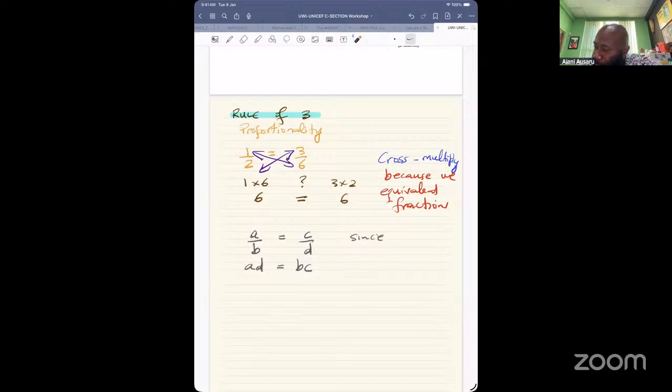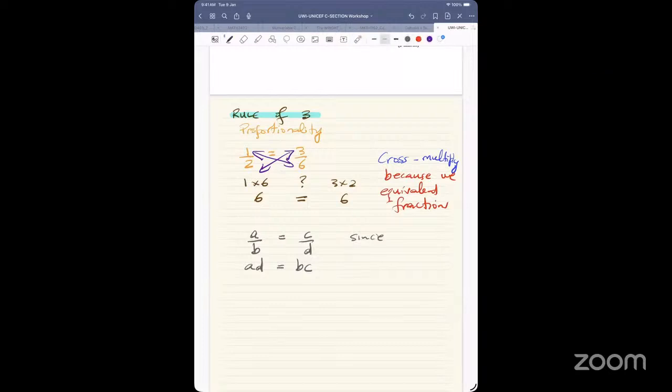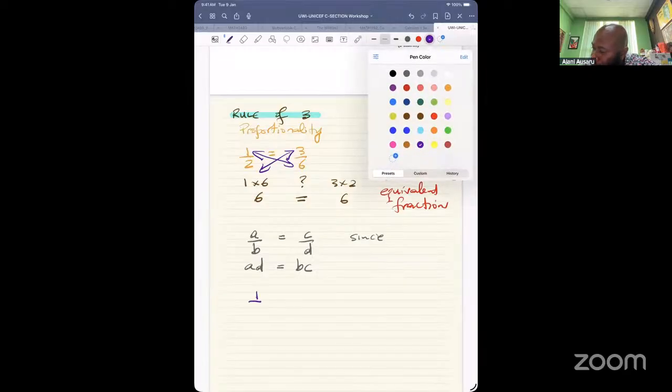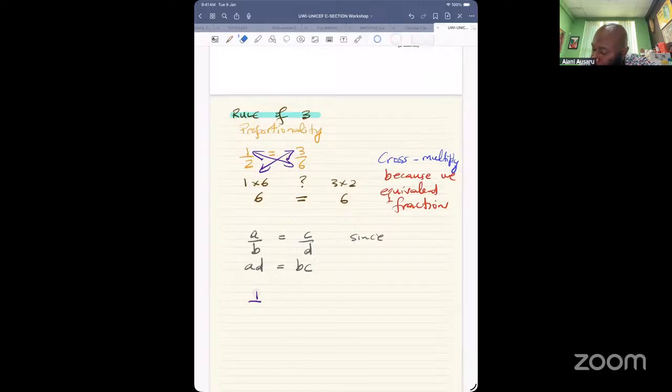Now, let me go back and show you something. I'm going back to the previous example on top there, which is a half equal to 3/6, which you guys told me was true. So 1/2 is equal to 3/6.